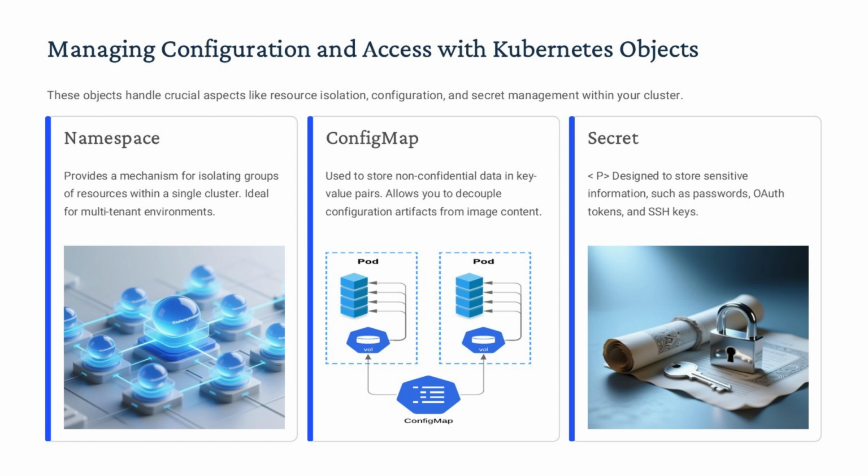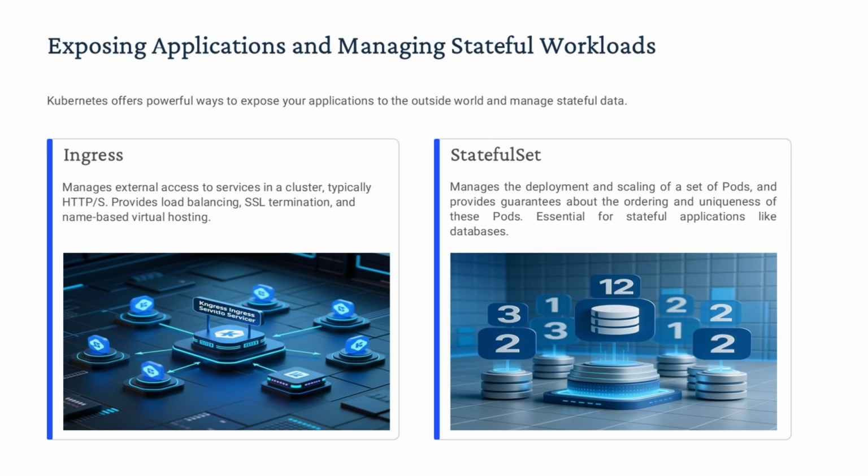This lets you change your app's configuration without rebuilding the whole image. And for sensitive data like passwords and SSH keys, we use secrets, which keeps that secure and separate from your application code.